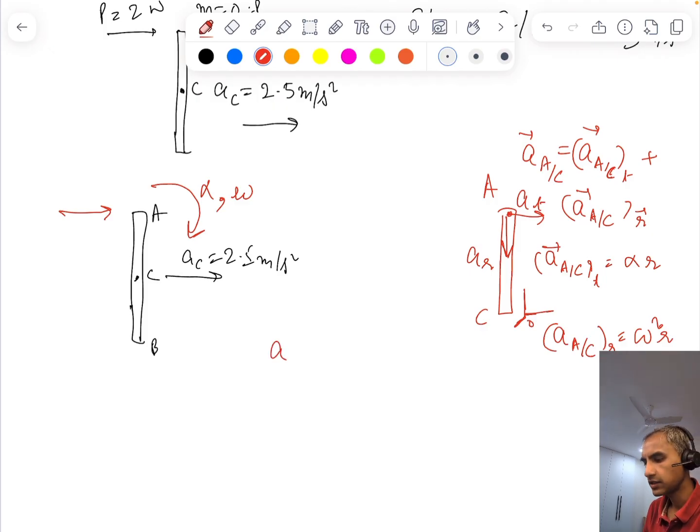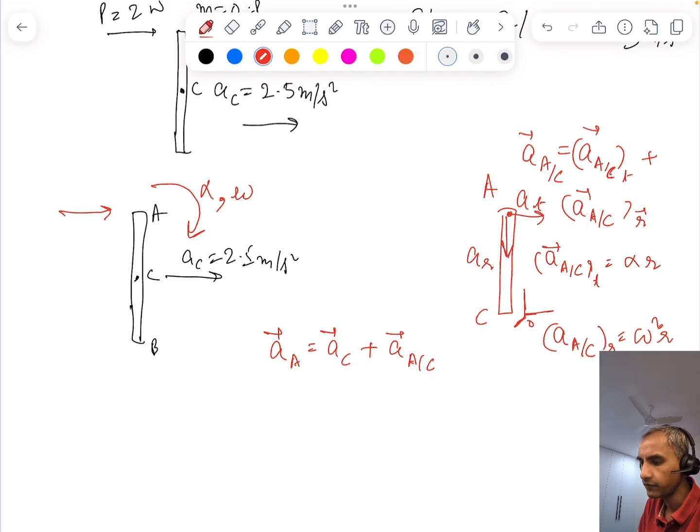So we have acceleration of A is equal to acceleration of C plus acceleration of A with respect to C. And like I said, acceleration of A with respect to C is simply the acceleration of A with C sort of fixed and A undergoing pure rotation about the point C, and the pure rotation is divided into two different kinds of acceleration, which is tangential and centripetal acceleration. The tangential acceleration is simply alpha r. Alpha is the angular acceleration, and the radial, the centripetal acceleration, is omega square r. We know that from simple kinematics, right?